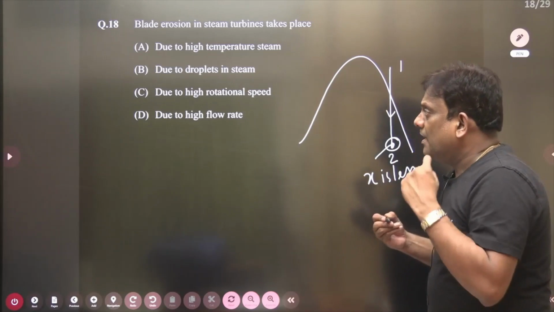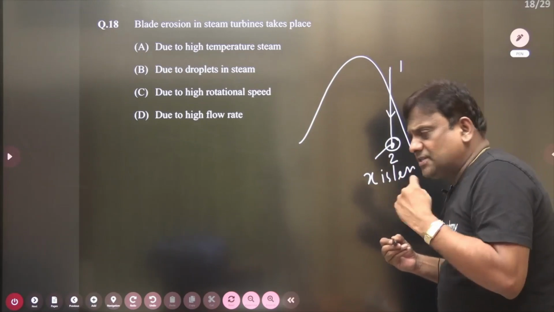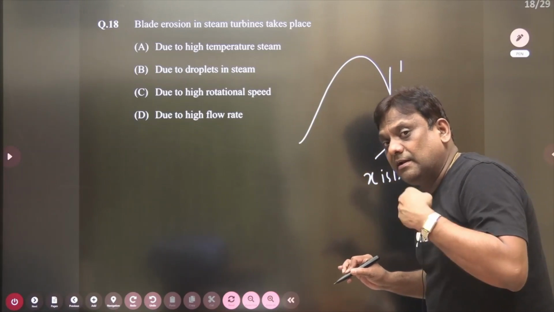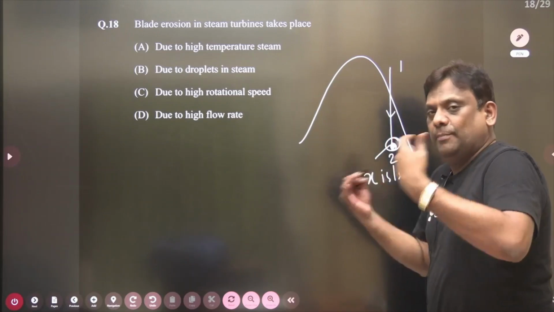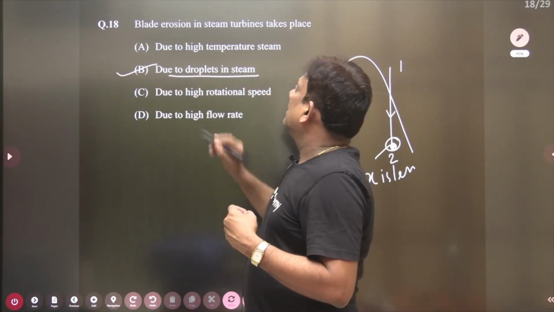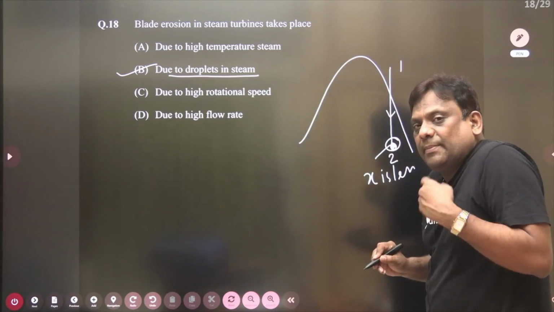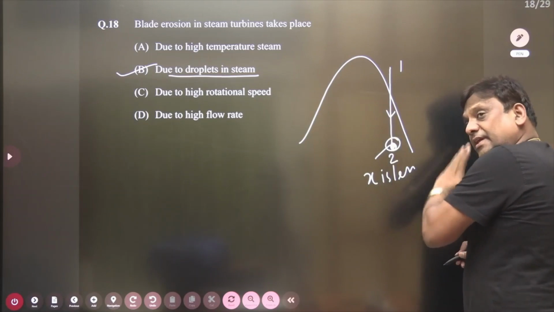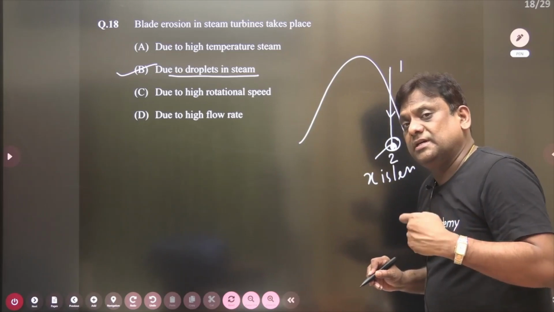So due to water droplets in steam, there is erosion of turbine blades. That's why we keep the drainage fraction very high, which can be done by using reheating.